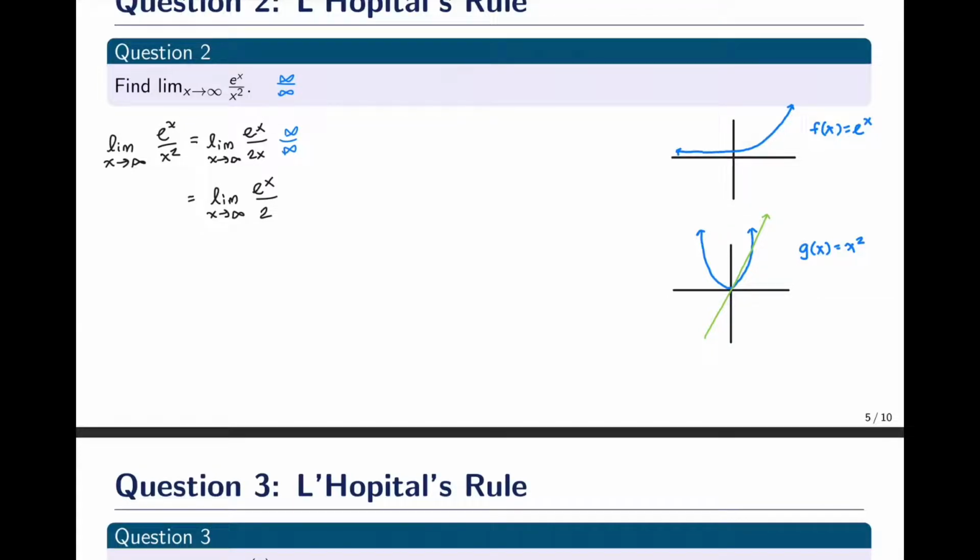Now I notice that the limit as x goes to infinity of e to the x over 2 is no longer in an indeterminate form. True, e to the x still goes to infinity, but in this case, the 2 in the denominator does not go to infinity, and doesn't go to 0. It doesn't give me one of those indeterminate forms.